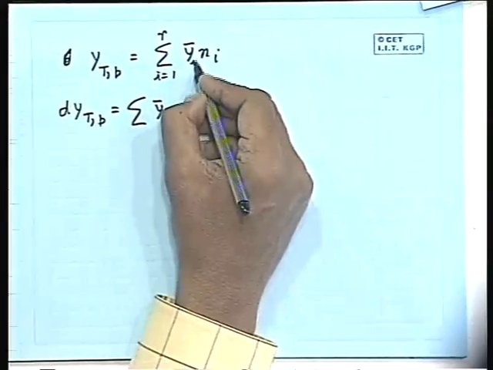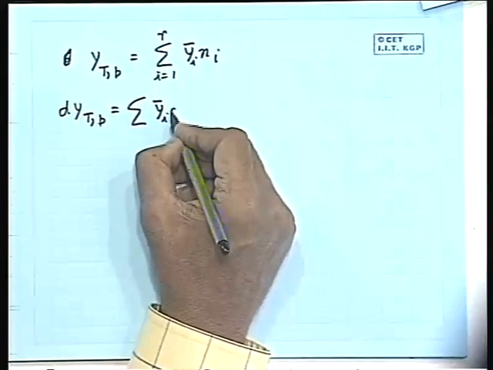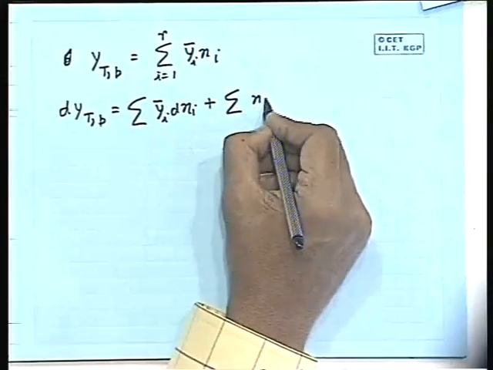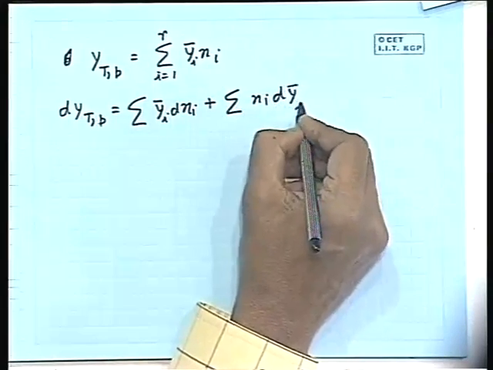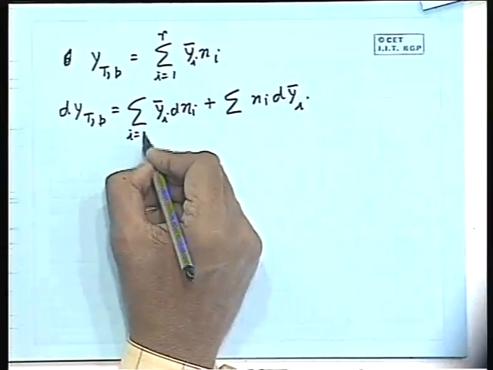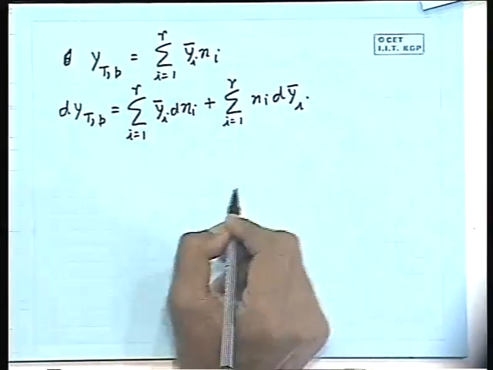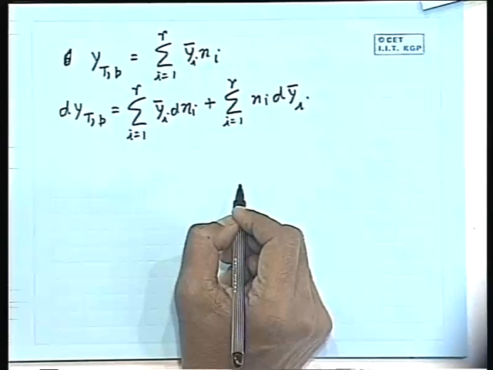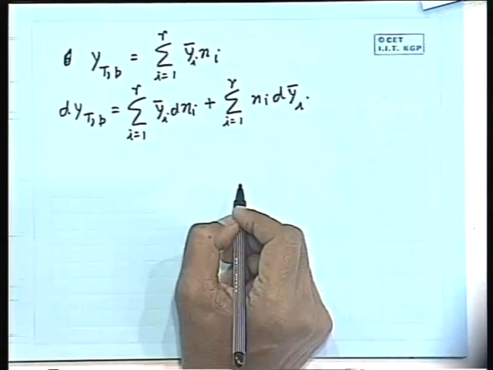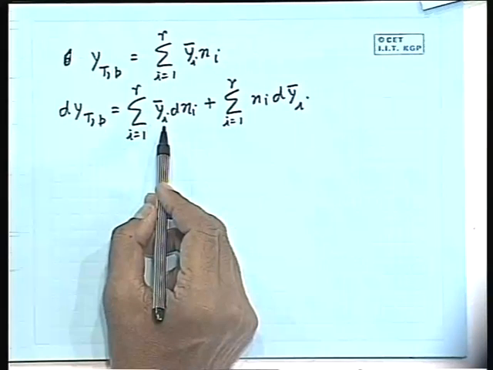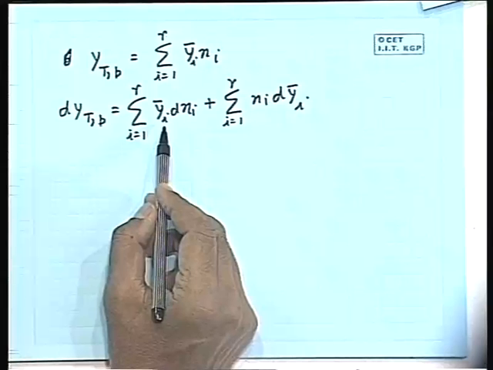Y bar i dNi plus Ni dY bar i, for i equal to 1 to r. So this is the relationship for dY at constant temperature and pressure.